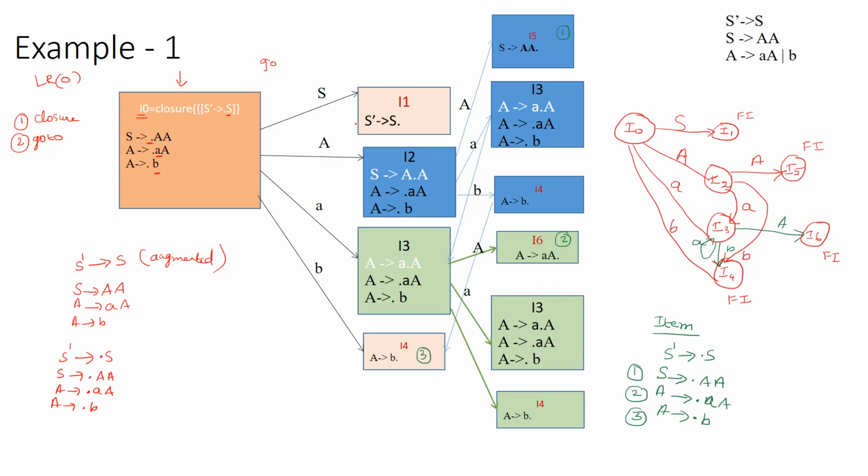So goto is simply like a DFA. In goto, what we are going to do is move the dot to the right of the symbol. So initially we have dot S. So here we are moving the dot to the right of the symbol. So now S dash derives S dot. So since it is at the end, this is a final item.